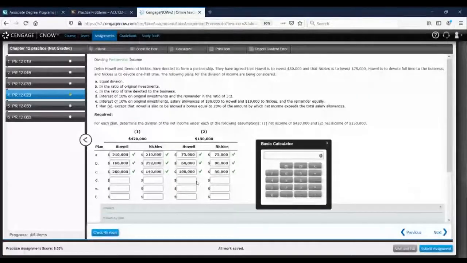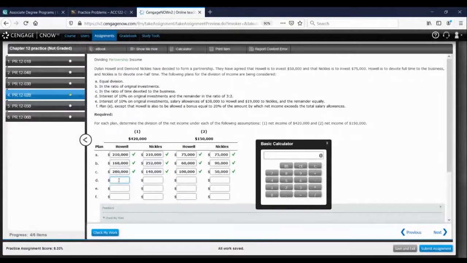Let me try it again. And finally, you can see the screen again.